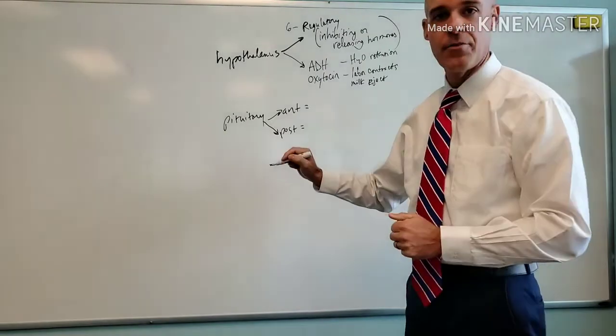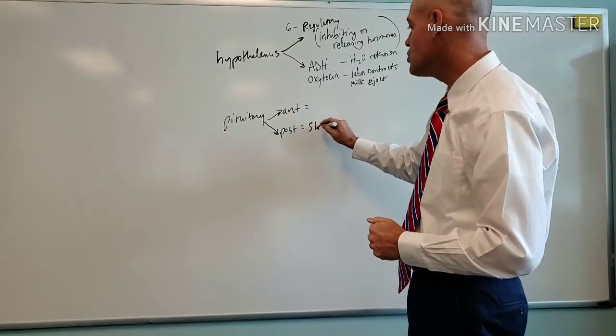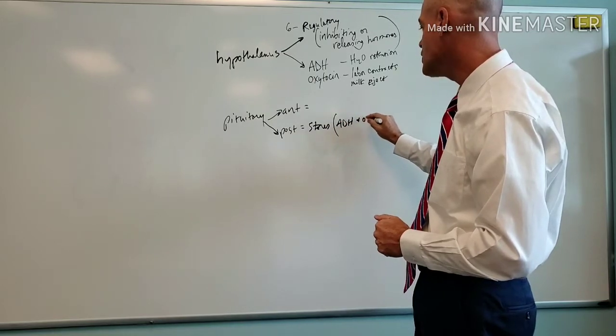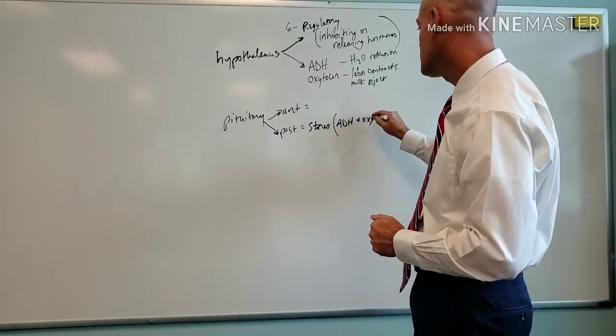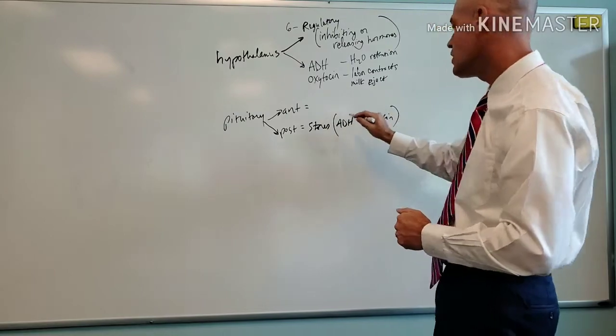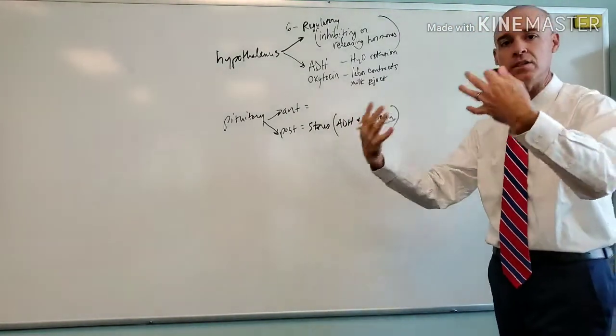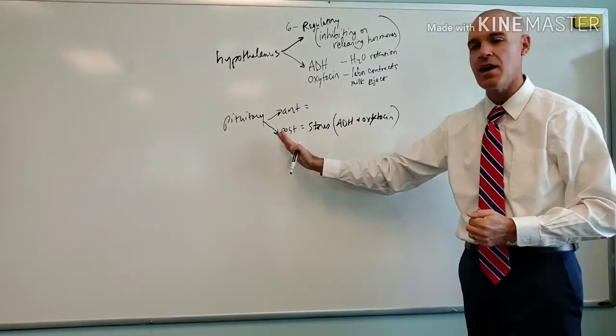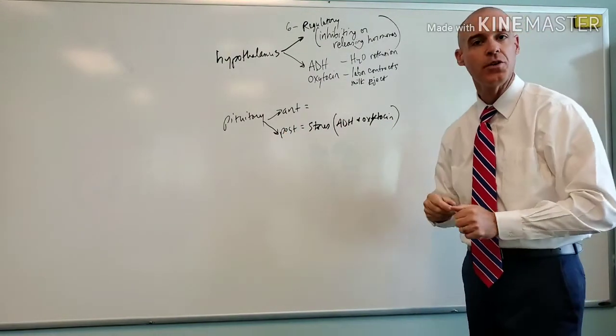Let me do the posterior side first, and then we can erase it. You should know from the other video that it simply stores ADH and oxytocin out of there. That's all it does. It stores and then, of course, releases as we need it, ADH and oxytocin. So we don't really have to say much more about the posterior side.